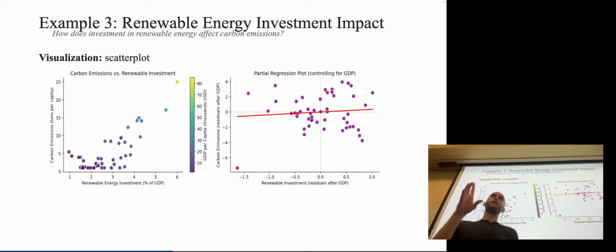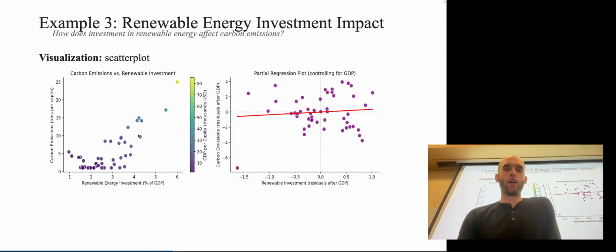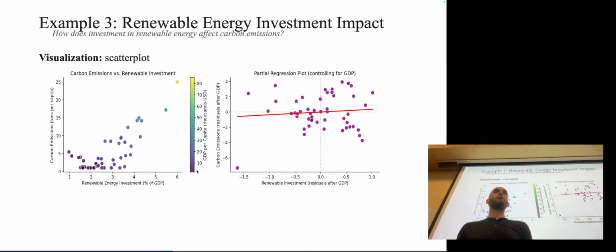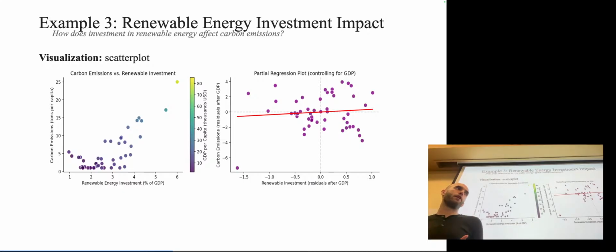But you can also see I've added a color to the different points on the scatter plot. The closer they are to yellow, the higher the GDP per capita is, and the closer they are to purple, the smaller the GDP per capita is. So this is like a measure of how wealthy the country is, independent of the two other variables.